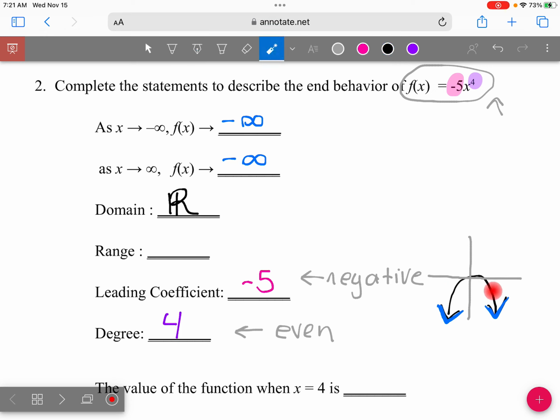Where are our y's all living? The negative numbers, right? So the way we word that with a range is we can say either y has to be less than or equal to 0, or if you want to use the infinity thing, it's negative infinity to 0 with the brackets.